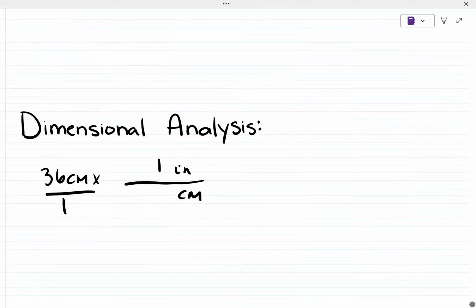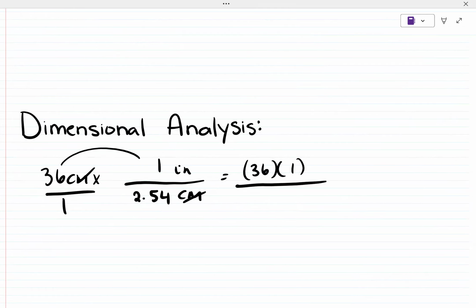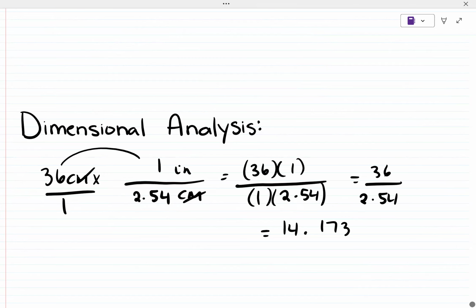For 1 inch, there's 2.54 centimeters, and then multiply across, so 36 times 1, and then on the bottom it's 1 times 2.54. And you get 36 over 2.54, which is 14.1732. It says round to the nearest tenth, so 1 is the tenth place. You have to round it to 14.2.